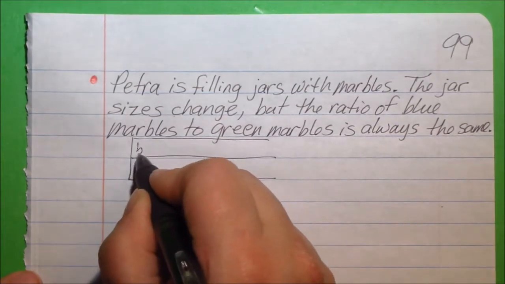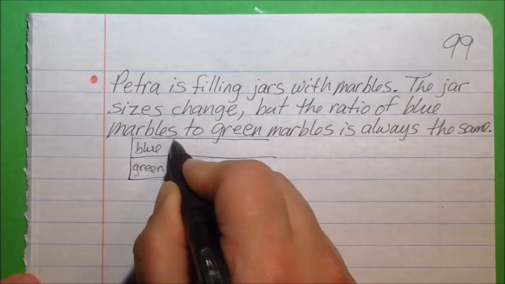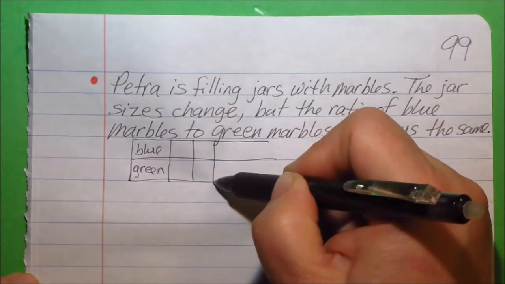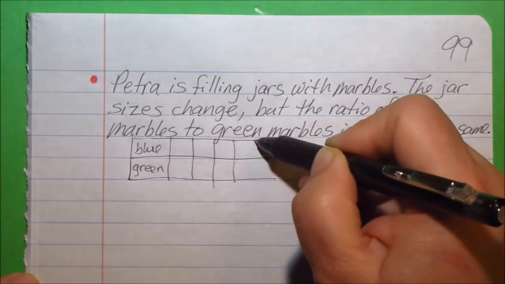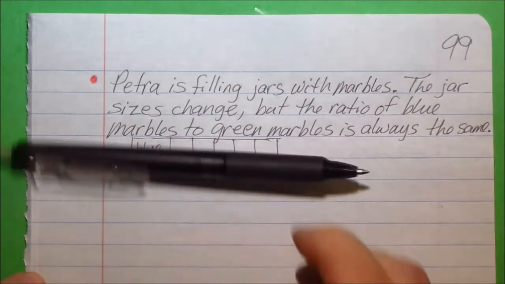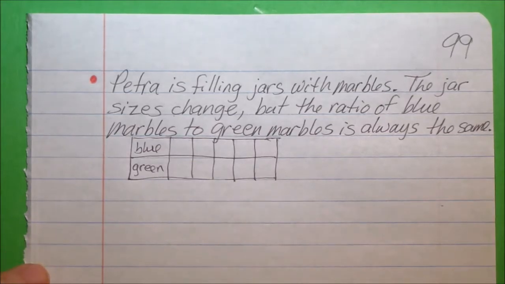So she has blue marbles and she has green marbles, and she has 5 jars. So 1, 2, 3, 4, 5. 5 different jars. Okay.